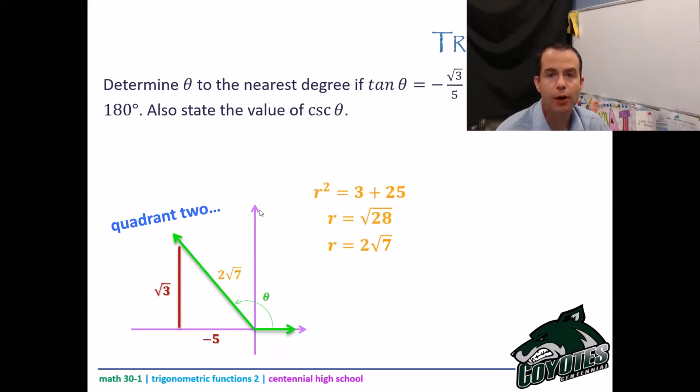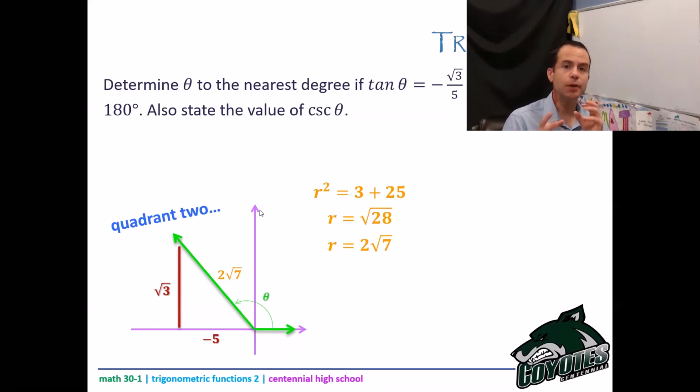All right, so now I've been asked to get theta. So whenever I'm looking for theta, I actually kind of go through the back door and I get theta's reference angle. The way I get theta's reference angle is I use my tan or my sine or my cosine with the ratio I see inside that triangle, but I ignore all negatives.